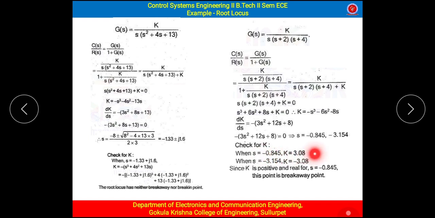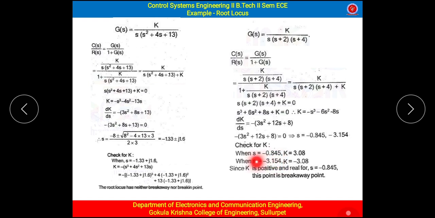We got two s values and we substitute them in k. We got k equal to 3.08 and k equal to minus 3.08 for these two s values, but our condition says that we have to get positive and real. So out of these two, only one value is positive, that is 3.08.